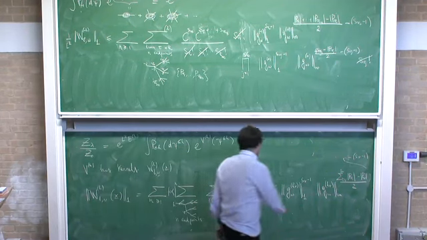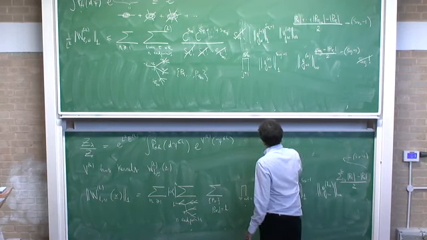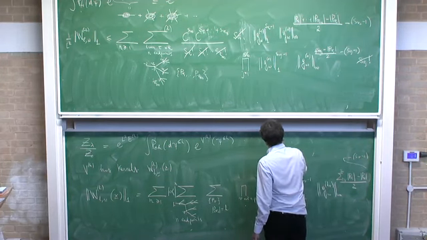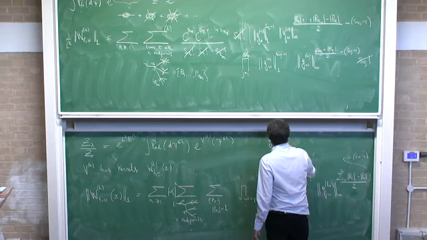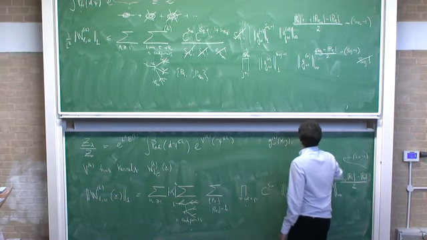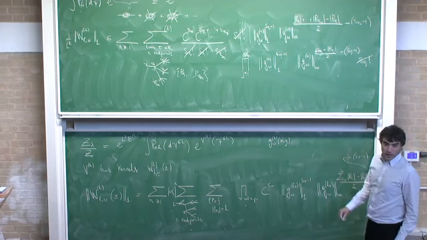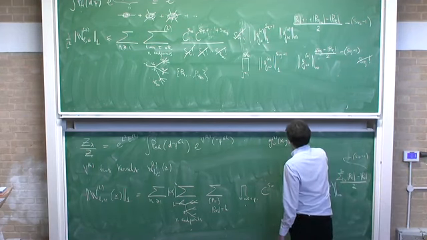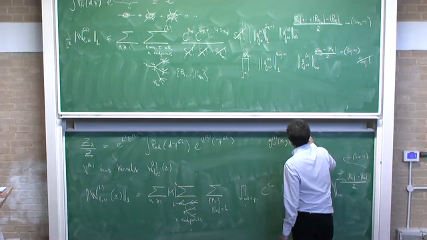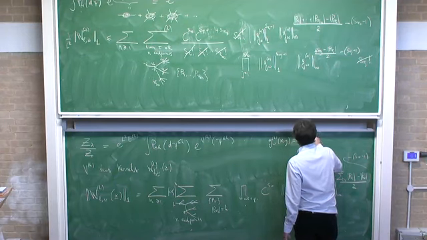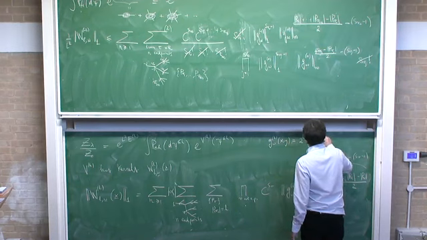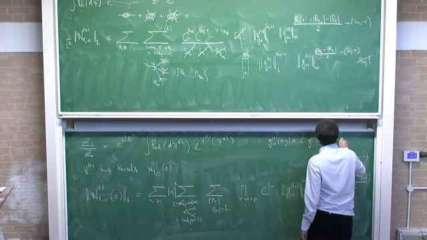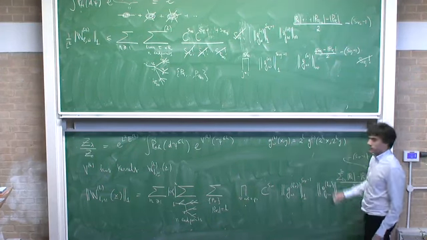And now we should recall what's the behavior of these. So GH of omega, if you remember, I wrote it out just for -1, behaves like 2 to the h G0 of 2 to the h times omega. So that's a specific scaling.